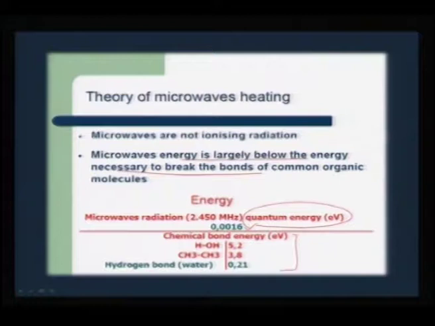For example, think of hydrogen oxygen bond 5.2 eV, or hydrogen bonding in water is of 0.21. So, even it cannot overcome the hydrogen bond. Therefore, the secondary effects of microwave interaction with matter is what is going to bring about synthesis. Therefore, this is not a bond making or a cleaving process.